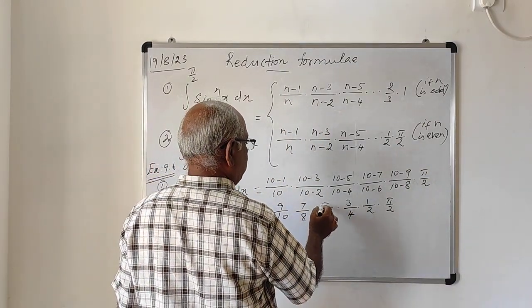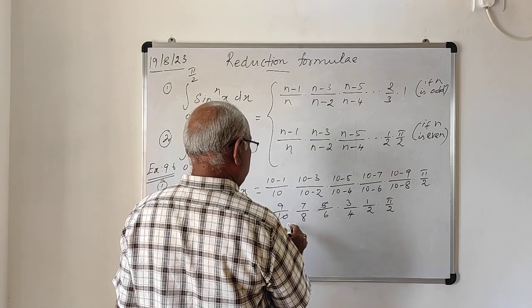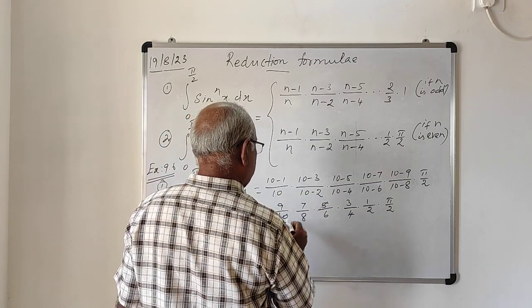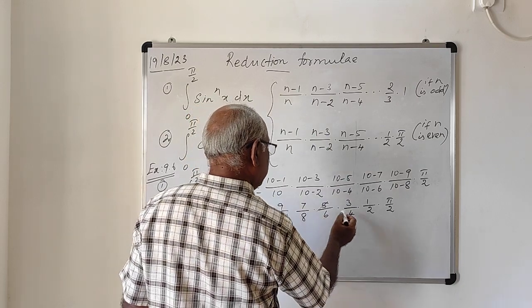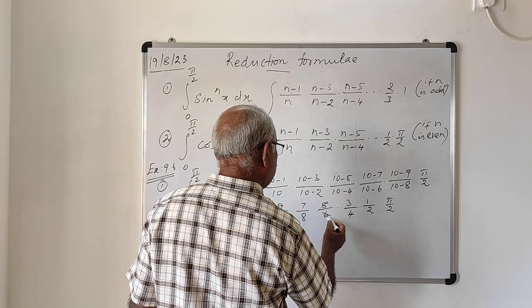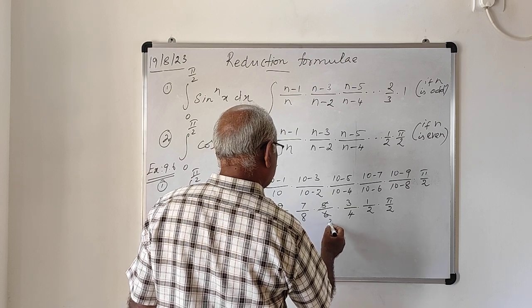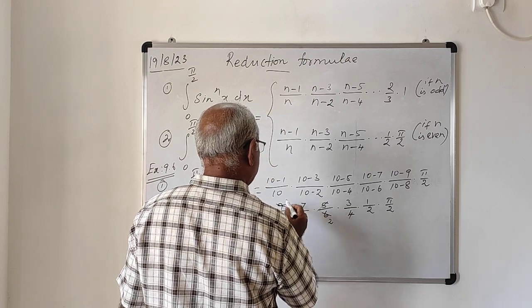How this is: 2 fives are 10, and 2 threes are 6, 3 threes are 9.